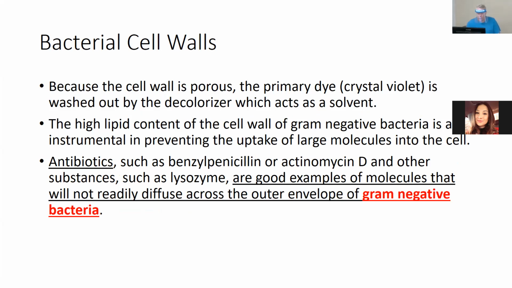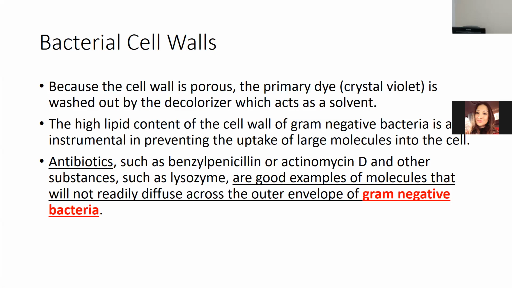Cell walls are very porous, meaning the crystal violet is washed out. The high lipid content of the cell wall of a gram negative is also instrumental in preventing the uptake of large molecules. So this outer membrane of the gram negative can also affect the antibiotics we prescribe to the patient, like benzyl penicillin and actinomycin D. They're good examples of molecules that will not readily diffuse across the outer envelope of a gram negative.